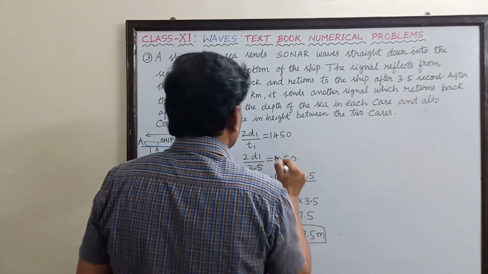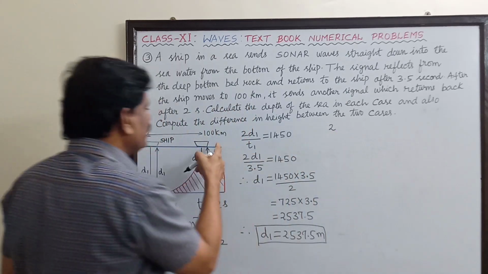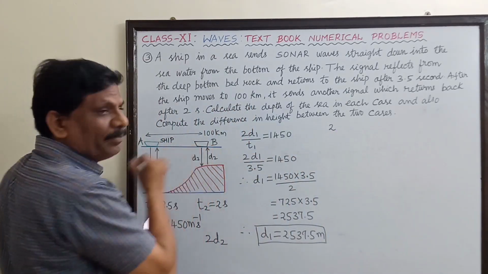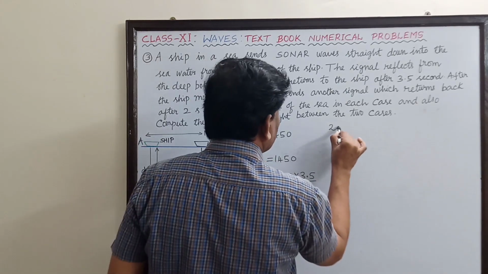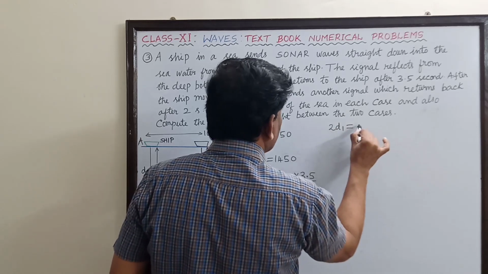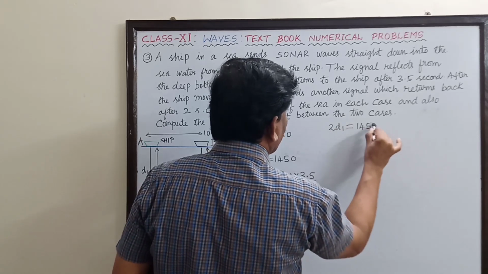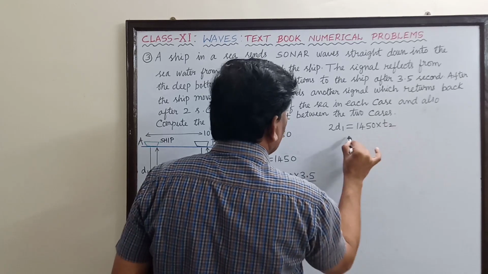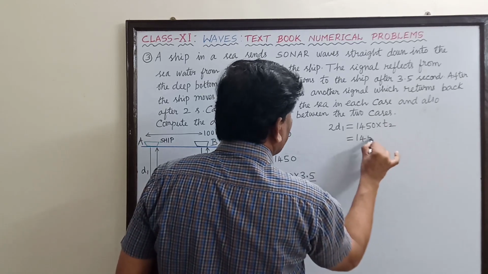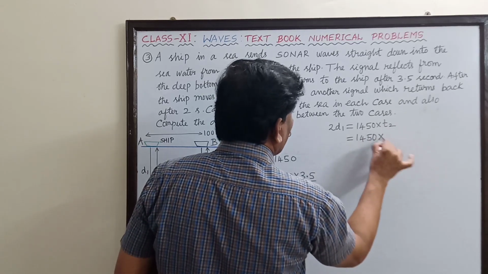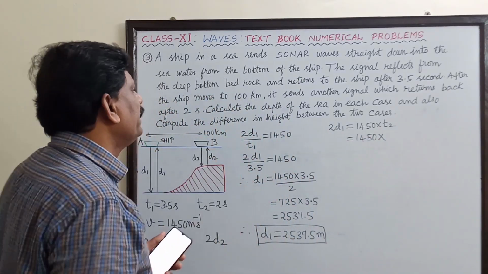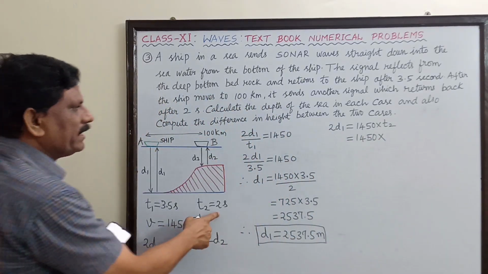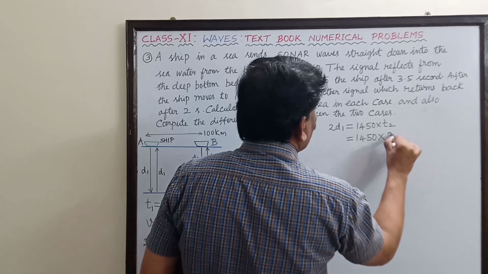Similarly, now for the second case, let us say this is position B. At this position, 2D2 must be equal to 1450 into T2. T2 is given as 2 seconds, so 1450 into 2.